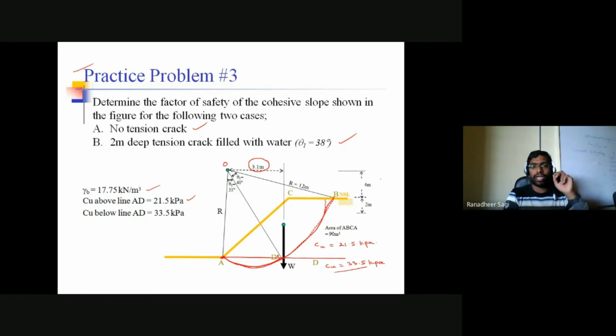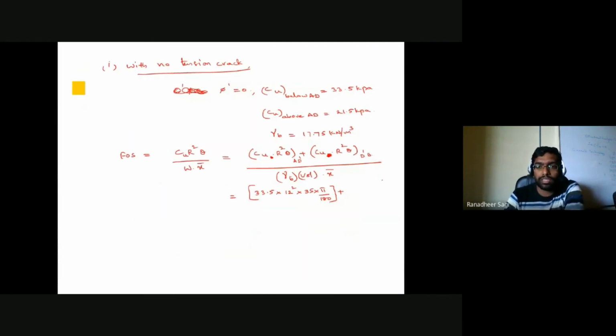For D dash point to B point, what is the cohesion value existing for that soil? Cu is 21.5 kilopascal. The angle formed to define the failure surface between D dash point to point B is 40 degrees, and the radius of that failure surface is once again 12 meters. So I'll go on to write down my expression further.